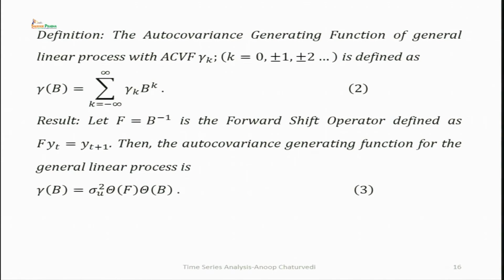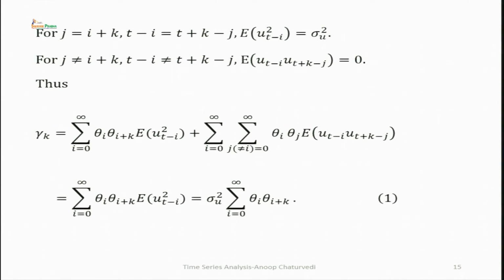Then from here you can also obtain the autocorrelation function for the general linear process. And then what happens for k equal to 0? You get the variance of the process.